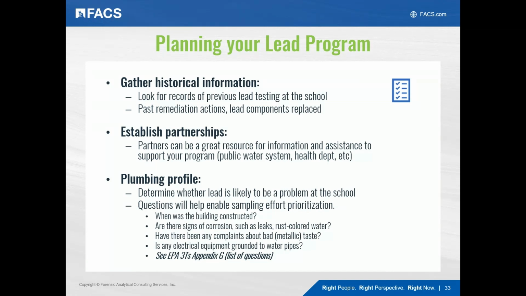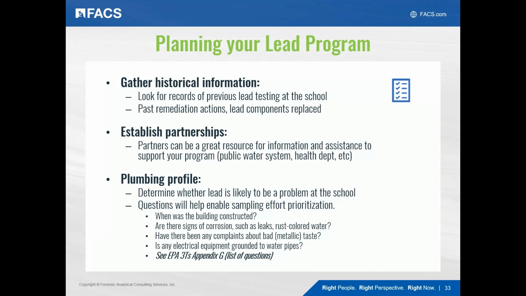Develop a plumbing profile of your schools to determine whether lead is likely to be a problem at the school. Say you have 20 schools across your district. Where do you begin? Asking certain questions will help you to prioritize your efforts. If you download the 3 T's document, it has a good list of questions to start with.